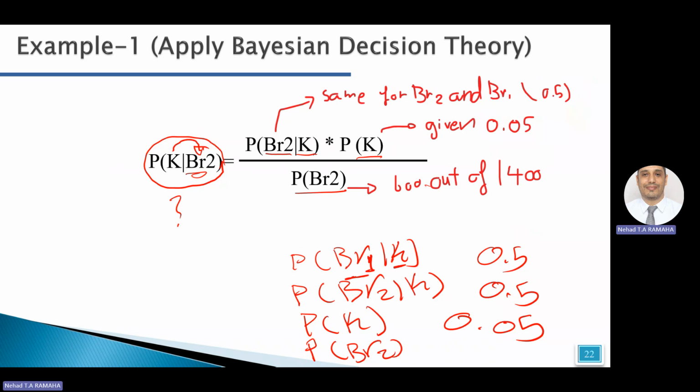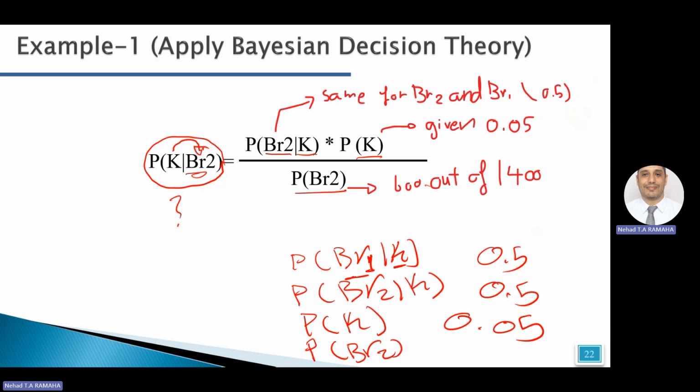What's the probability of red balls? How many red balls do we have? 4, divided by the total number, 10.